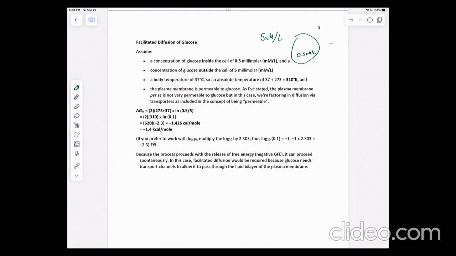And so this is what we mean by facilitated diffusion, that there's got to be a transporter here that will grab that glucose, allow it to go down its concentration gradient. Again, it's going downhill, so it doesn't need energy, but it does need that transporter to make this work. And so when we say permeable here, I'm just assuming that the transporters are making it permeable. So I just don't want to be confusing on that point there. So we're just, again, assuming permeable means I've got the appropriate transporters there to allow glucose to diffuse down its concentration gradient.